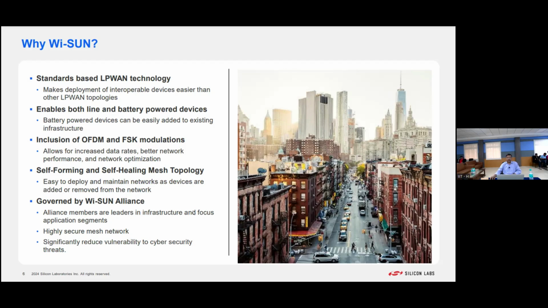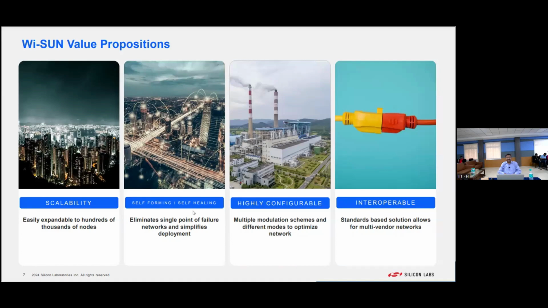I'll go through some of it. And also I missed one point, that it has multiple modulation schemes like FSK and OFDM. And depending on the type of data traffic required for an asset, they can dynamically coexist and dynamically change the data rates. That's a fundamental feature of Wi-SUN technology.